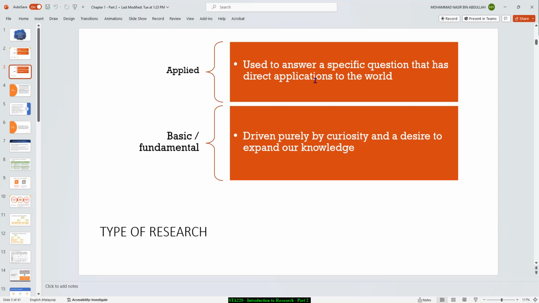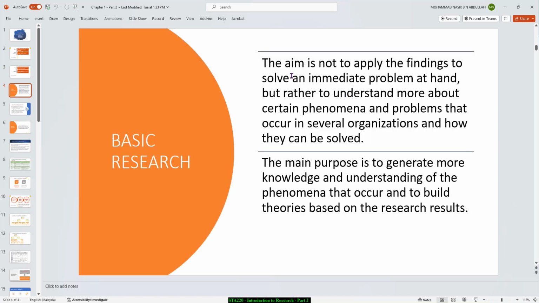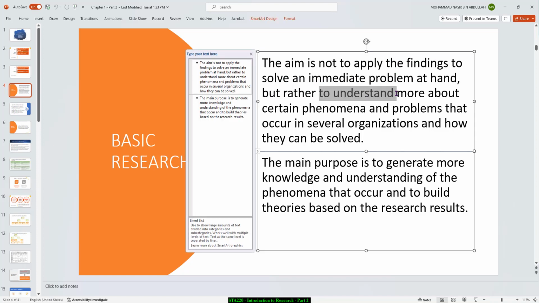Applied research is used to answer a specific question that has direct application to the world. Right. So the aim of basic research is not to apply the finding to solve the problem, but we want to understand more about certain phenomena.